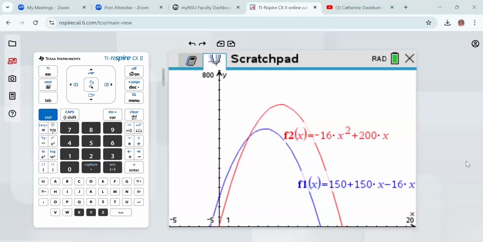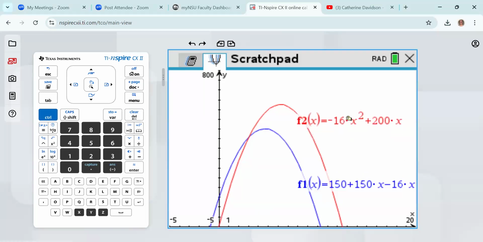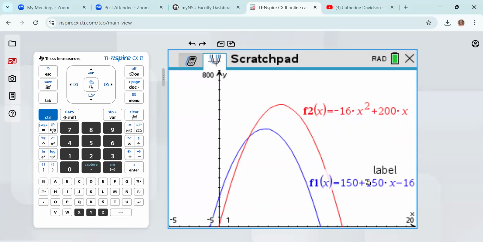There's the magic. I needed to adjust this window so you can see it. All right, so F2 is the second one, and they're asking when the second one is going to be taller than the first. So at 3 seconds, which is right here, it's going to be above the blue one, the first one, and it continues to be above it all the way until it hits the ground.